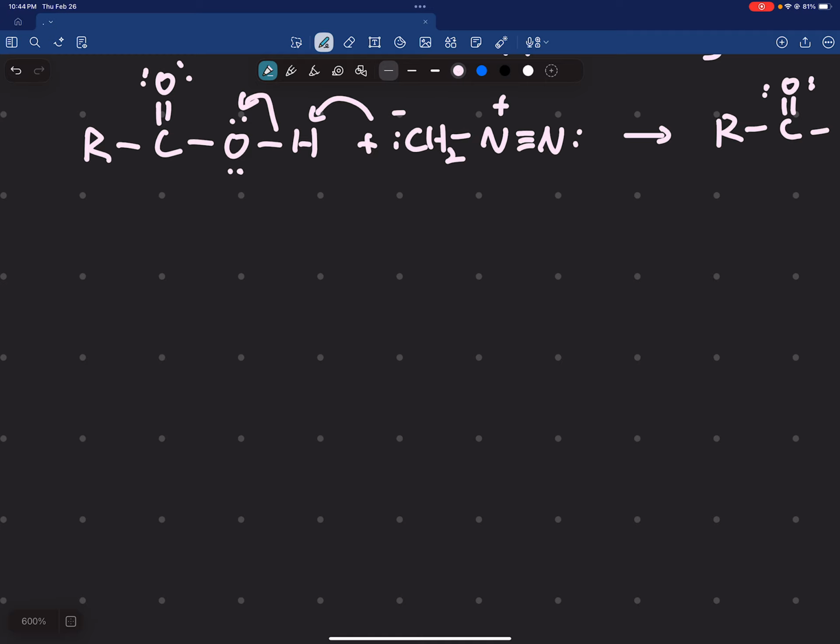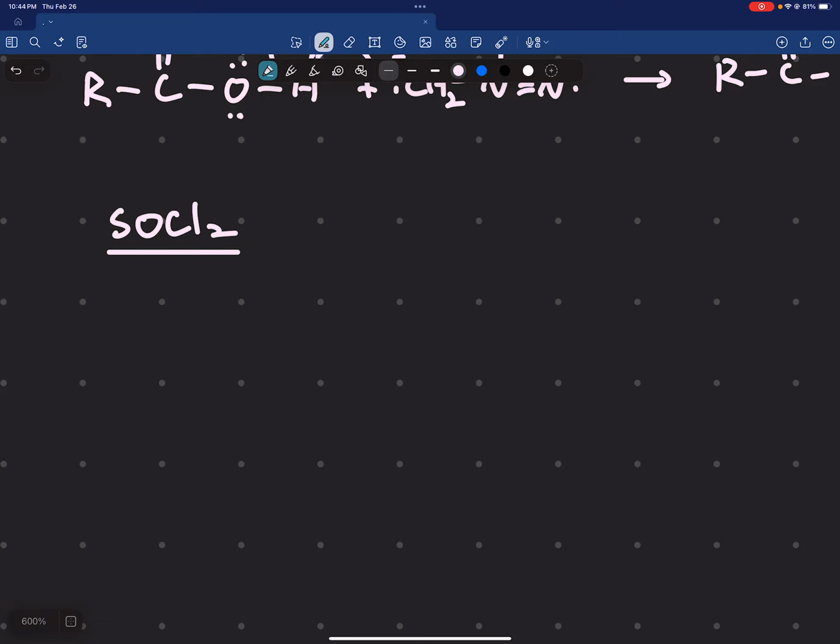So how can we convert a carboxylic acid to an acid chloride? We can usually do that by treating it with thionyl chloride. You might have seen this in Org 1. This is thionyl chloride. If we treat a carboxylic acid with this, it is going to create an acid chloride.